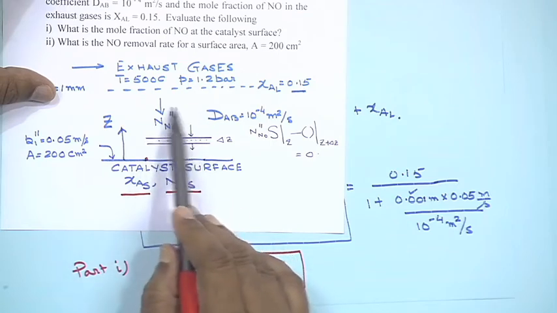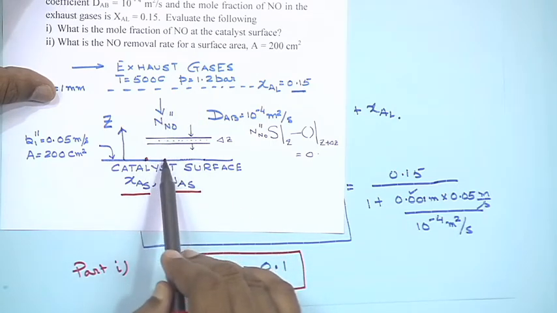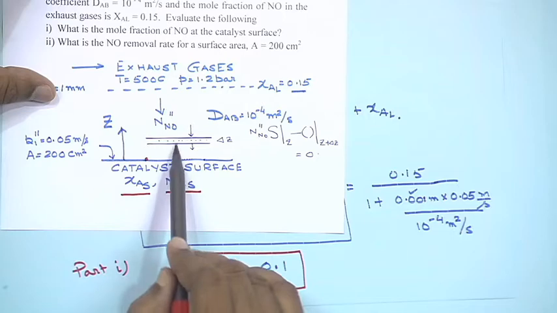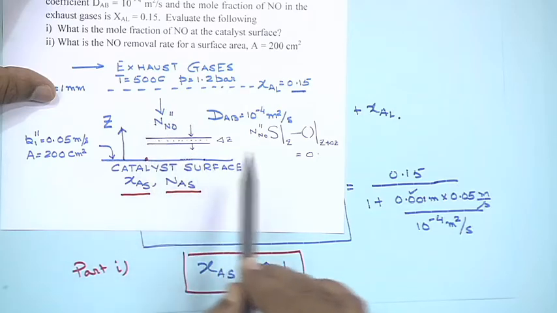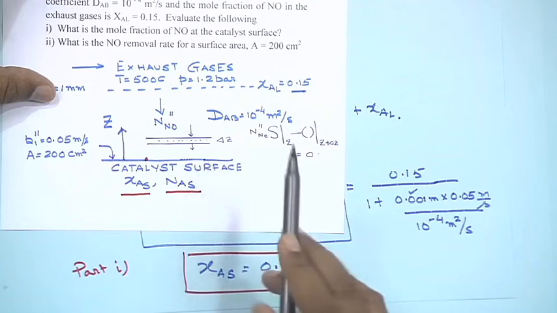Through this the diffusion starts, and when the reactants reach the catalyst surface, they get converted to a product which then diffuses back to the mainstream. So, at steady state this must be equal to the rate at which the reaction is taking place.